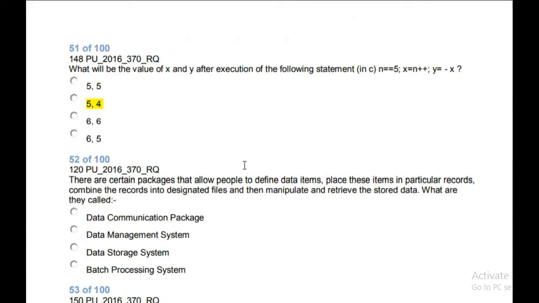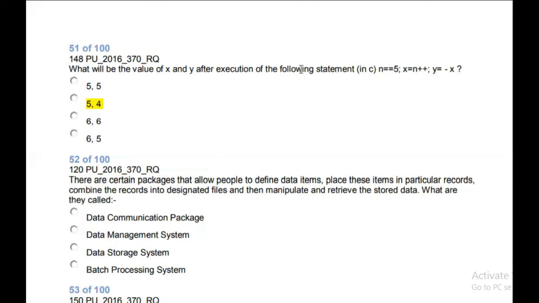execution of the following statements in C. n = 5, x = n++, y = --x. Here n is equal to 5, and n++ is an increment operator. First the value of n is assigned to x, and then n is incremented. So x gets the value of n, that is 5.